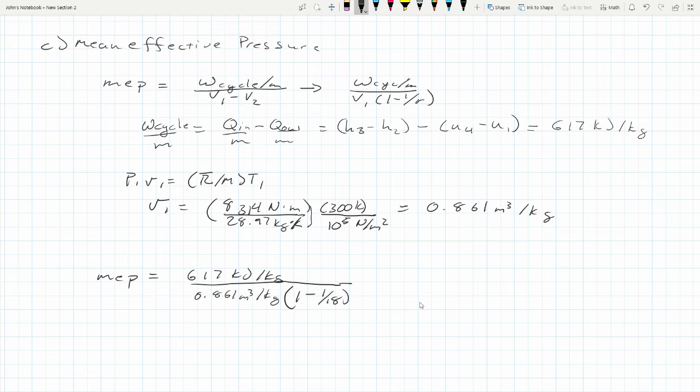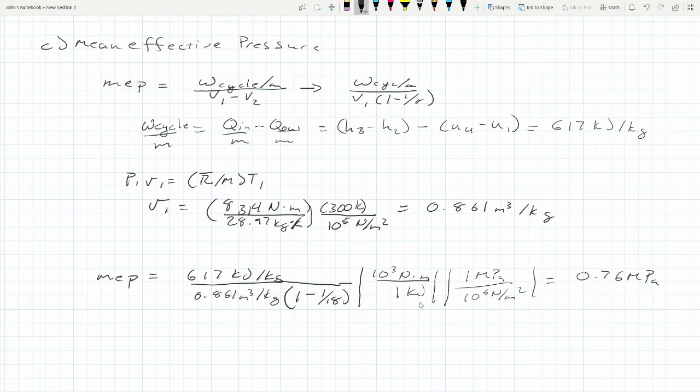Then, as you can see, these are all different units, so you have to add in some dimensional analysis. You're going to do 10 to the third newton meters per 1 kilojoule, so we can convert kilojoules to newton meters. And then we need to convert back to megapascals, because it wants it in megapascals, 10 to the 6 newtons per meter squared. This all comes out to 0.76 megapascals for the mean effective pressure.